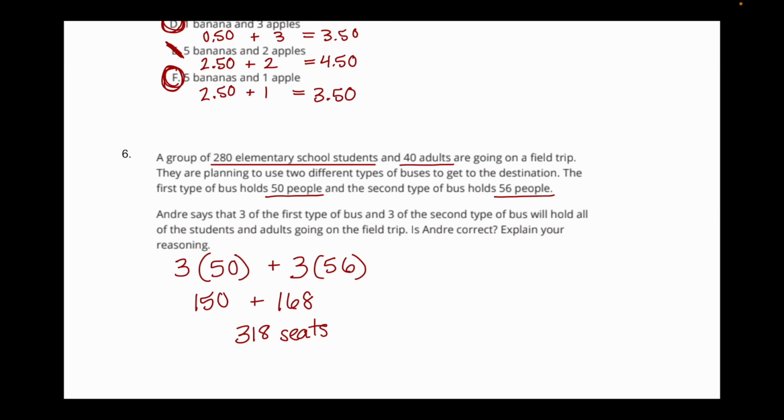But I need to know how many people there are. So there's 280 students and there's 40 adults. So we don't have to do anything complicated here. 280 plus 40. And that is 320 people. All right, well, I only have 318 seats and 320 people, so I am going to say Andre is incorrect.